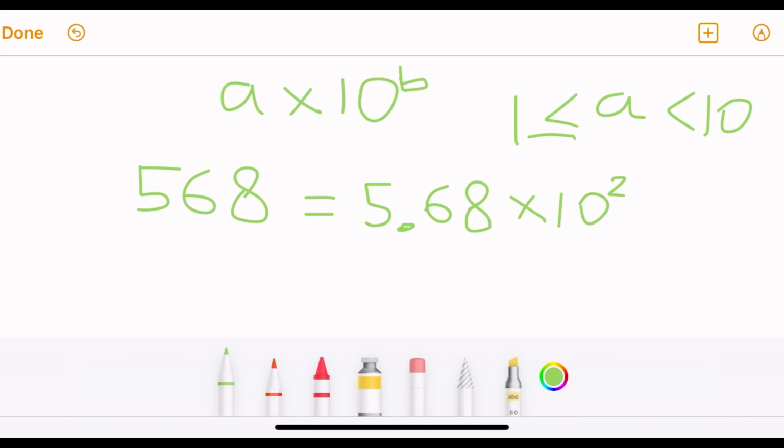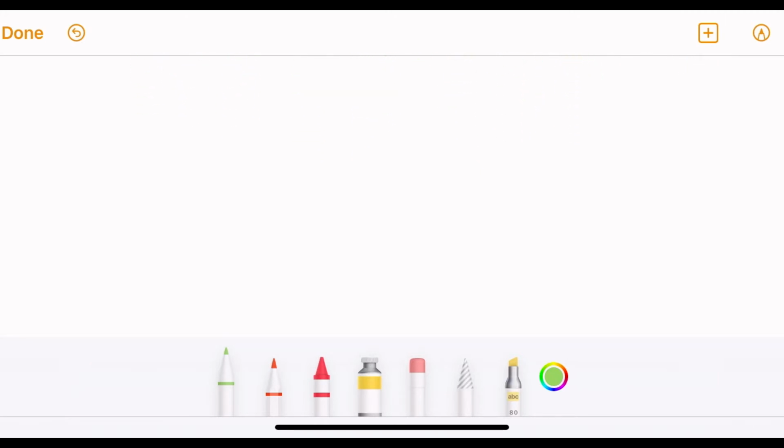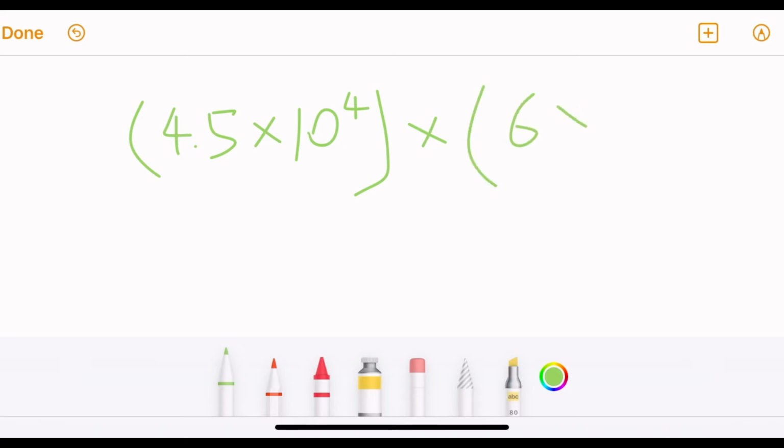Now let's look at one more example, in which it gets a little bit more complicated. Brackets 4.5 multiplied by 10 to the power of 4, times 6 multiplied by 10 to the power of 3. Now there are two ways to do this. One, as you might have already guessed, is just to do separately the two brackets. So the first thing that I'm going to do is 4.5 times 10 to the power of 4, and the second thing is to break the second bracket and then multiply them together.